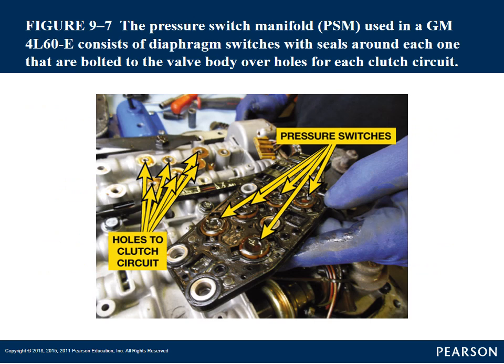Here's an example of these pressure switches. This is one on a 4L60E. As you can tell, this transmission's got some age to it. Those are kind of dirty, but that's pretty common in transmissions with some age. And you see the holes to the clutch circuit. In other words, it can tell when it's in first gear because pressure runs through the valve body to the clutch, and that hole or circuit goes up to the corresponding switch in the pressure switch assembly.